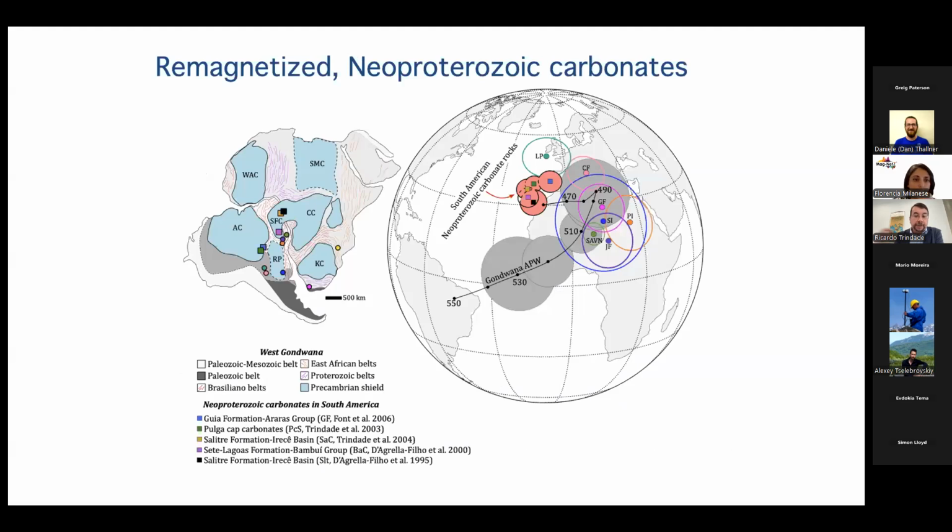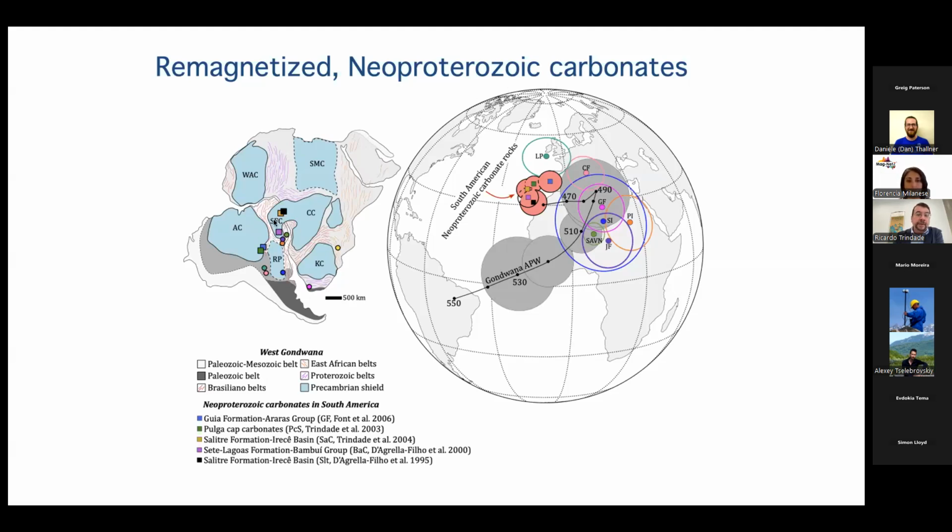We decided to also start doing something in this field. We started this study of microanalysis and nanoanalysis in a special group of rocks. We decided to study remagnetized carbonates. We have in Brazil and also in Western Africa a large group of Neoproterozoic carbonates.